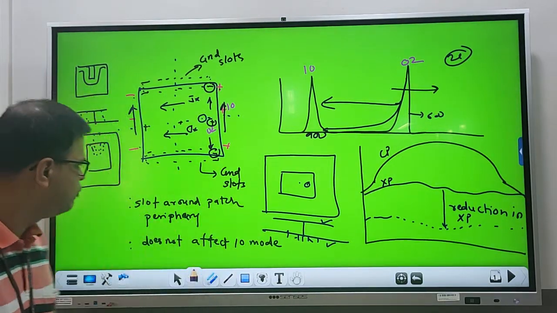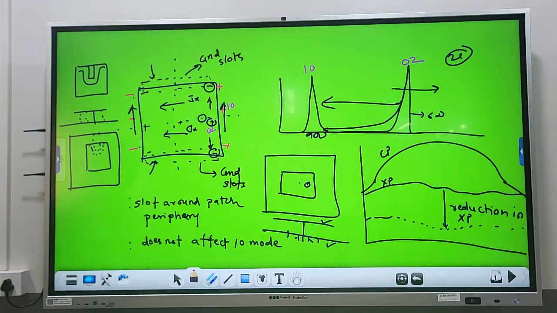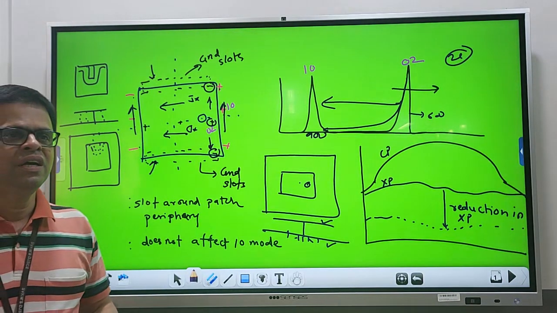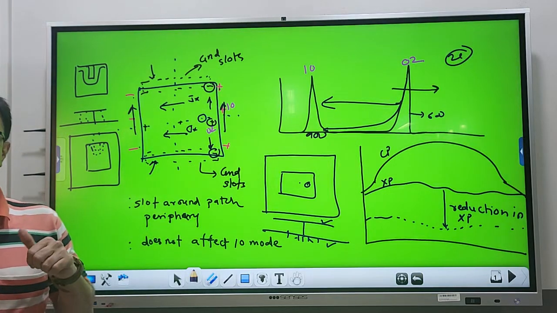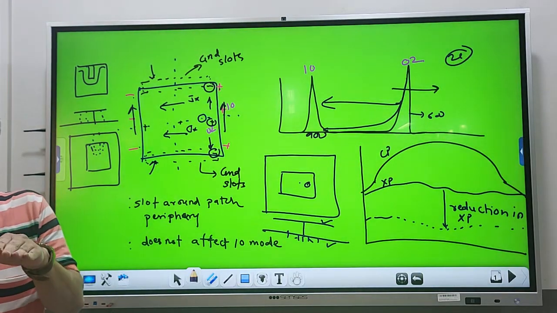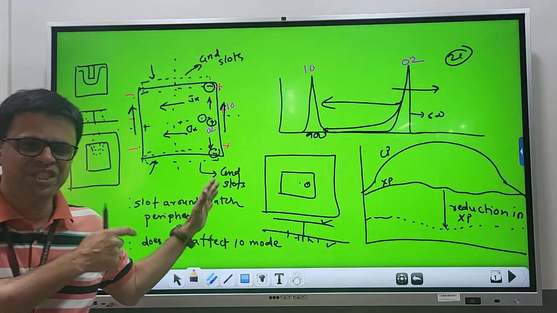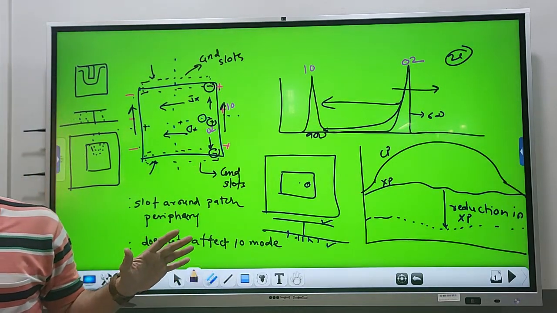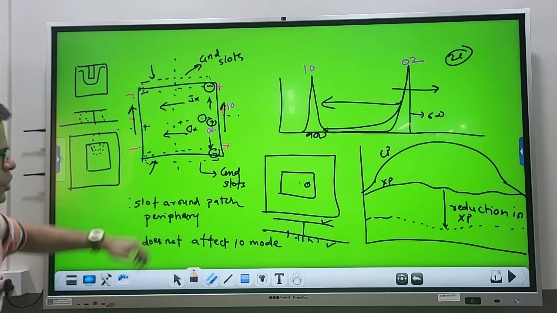Similarly over here, if you observe, this is the slot position, right below the periphery of the patch. They are not present inside the patch, below the patch or on the patch. They are right below the periphery of the patch on the ground plane. Okay, I will show you the pictures of such antennas later, which we have fabricated and tested. So they are placed right below the patch on the ground plane.